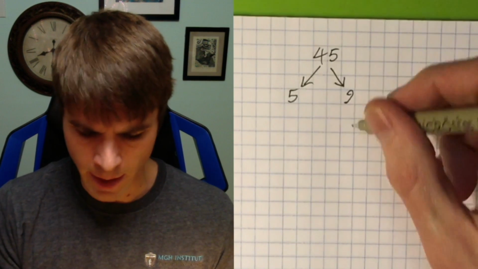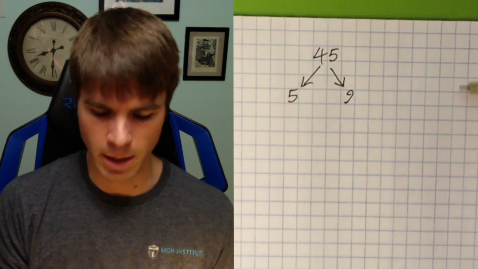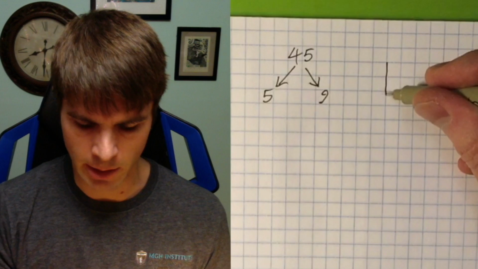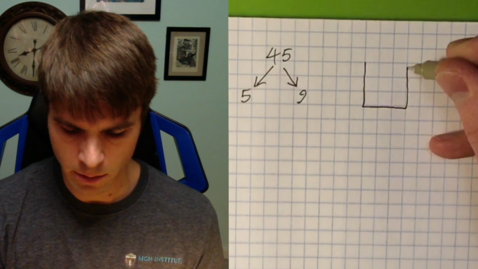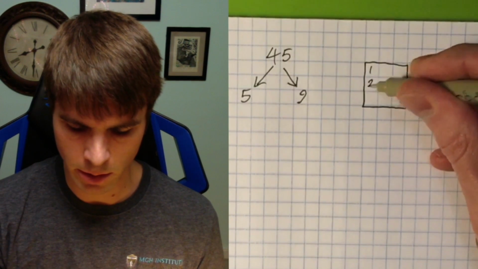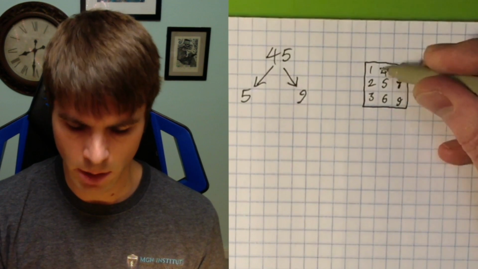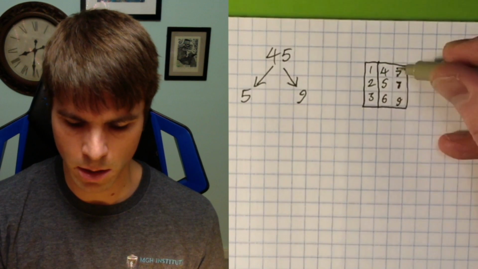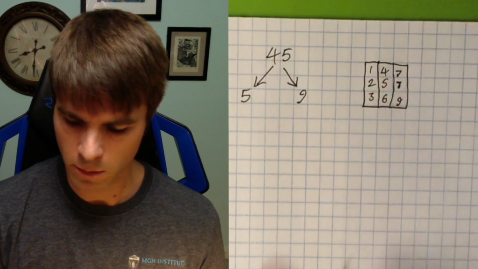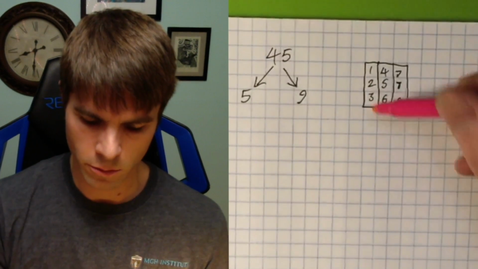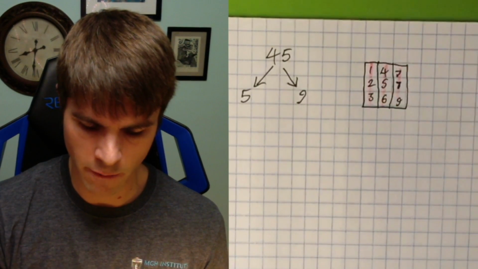So let's look at 9 over here. What does 9 look like? 9 looks like 1, 2, 3, 4, 5, 6, 7, 8, 9. And I could break that into 3 groups of 3.